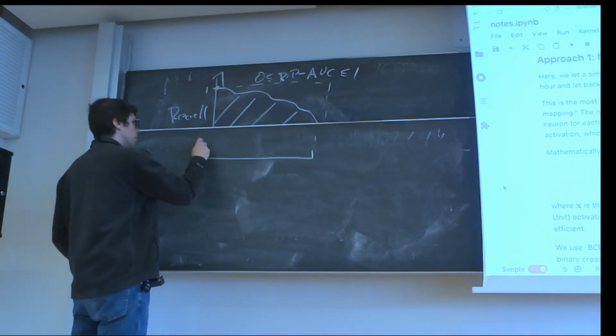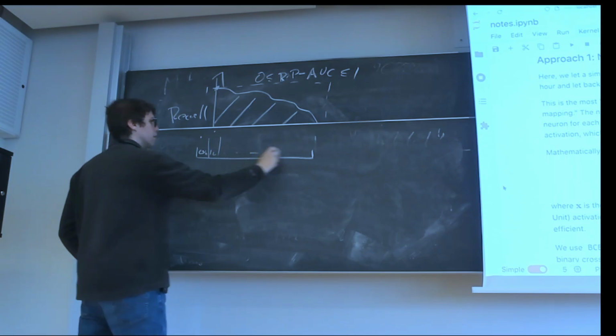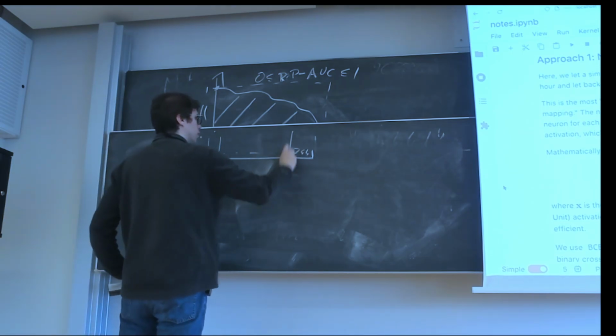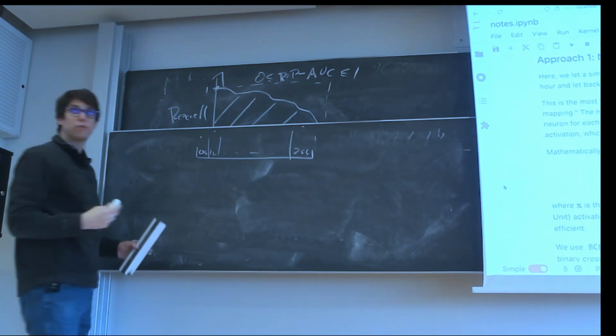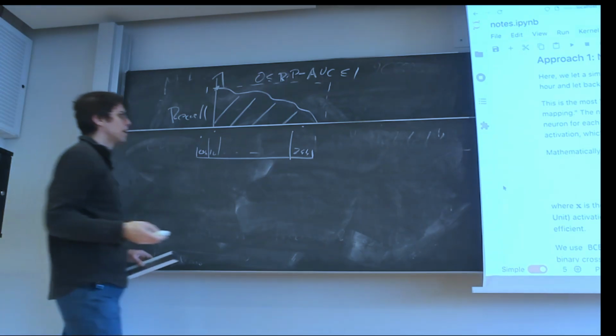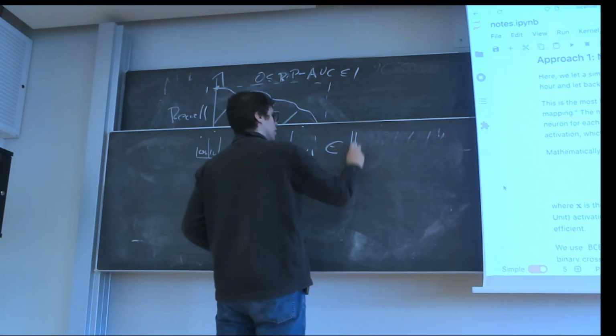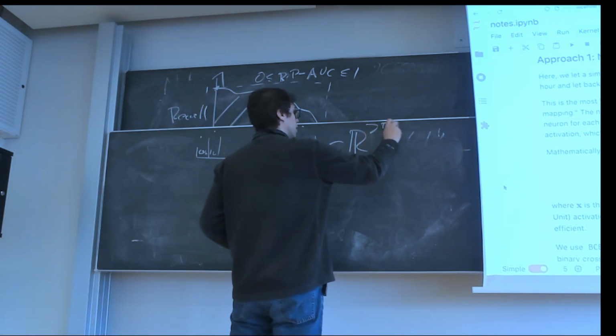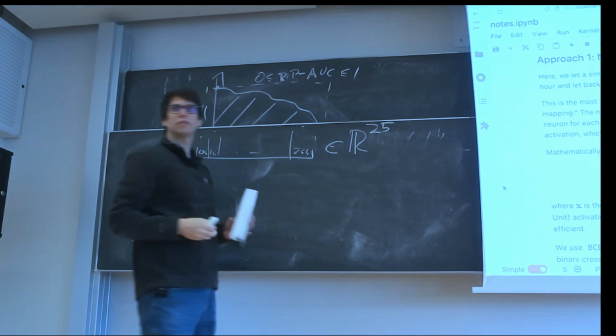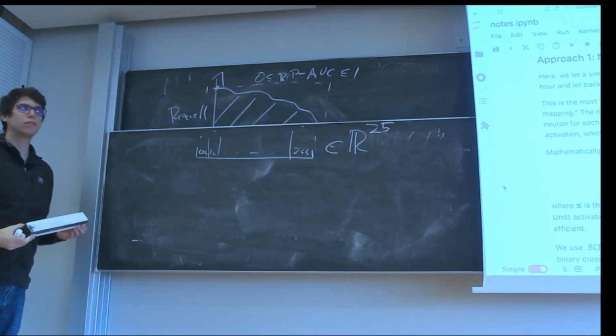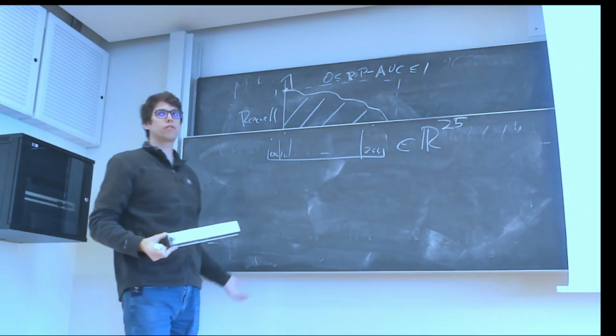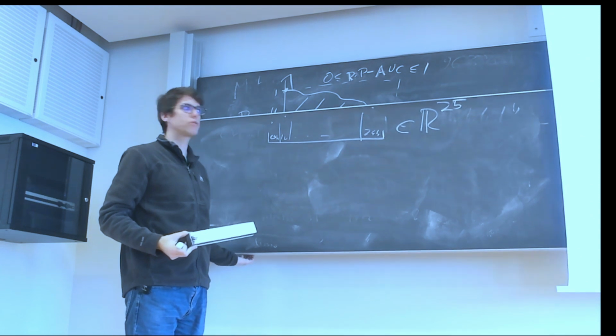So we might have a reading at 0 hours, at 1 hour, and so on, up until 24 hours. These are OD readings, scalar readings. All this is in R25. We have 25 scalars, which is 1 data point for us. 25 numbers.